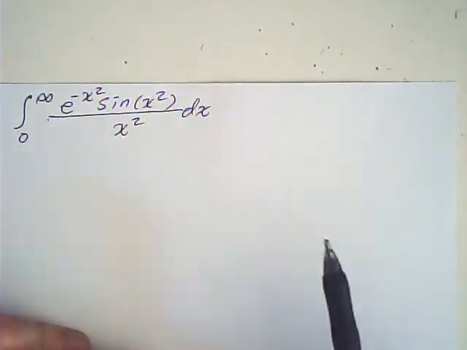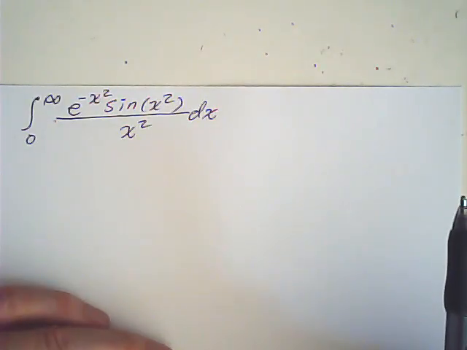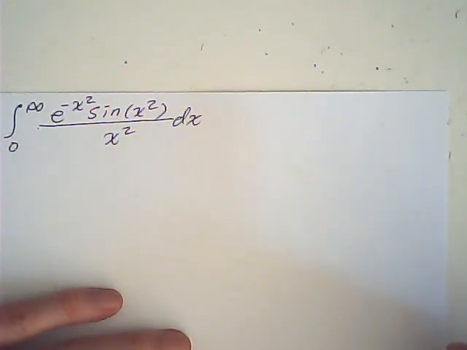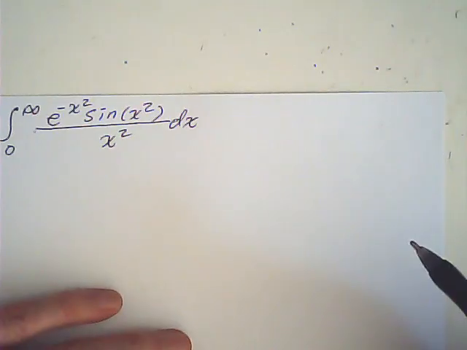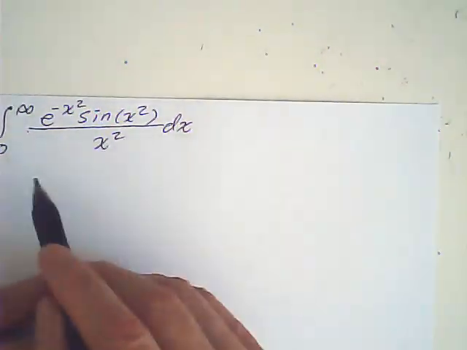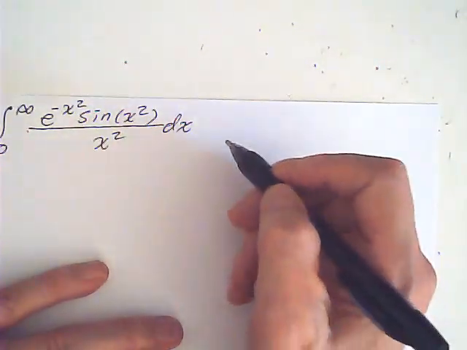I saw this question on YouTube, which is done by Feynman's technique. Now, I have a different way of doing it. It's simpler, and I would like to share with you. I consider this as the imaginary part of a complex number.